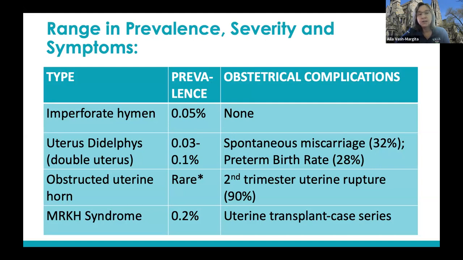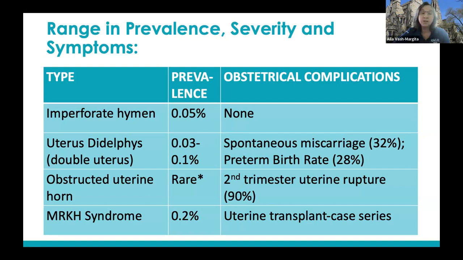We touched on uterus didelphys that has about 0.1% prevalence. If it's present in a patient, the spontaneous miscarriage risk is about 32%, and preterm birth can happen in 28% of patients and cases. So it has meaning, and it has severe implications.